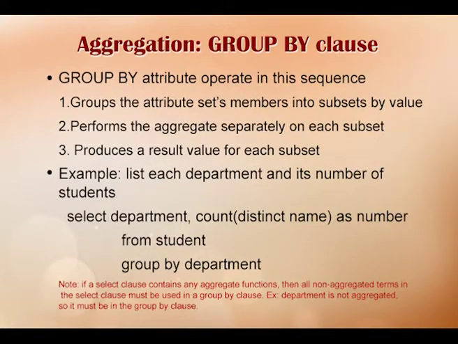For example, if I want to group all the students by department, like the library science department. The example shown is: select department, count distinct name as number from student group by department. Then the number of students will be displayed under each department, library sciences or computer sciences, whatever the case may be.